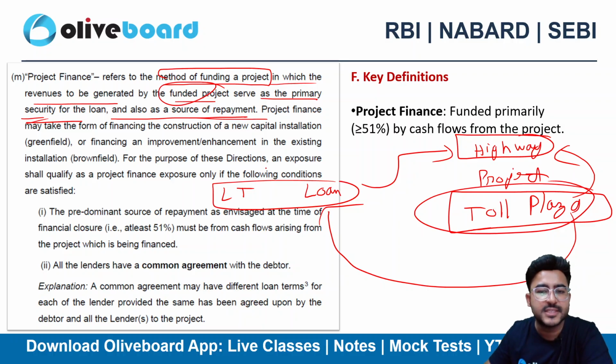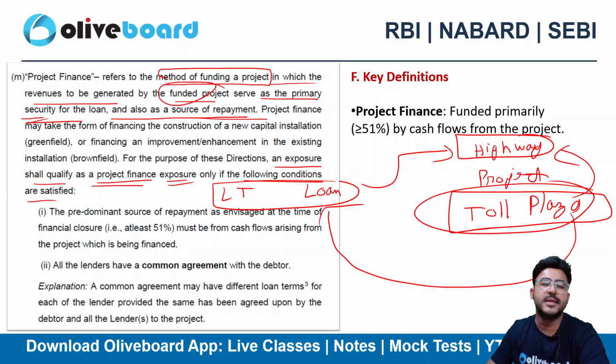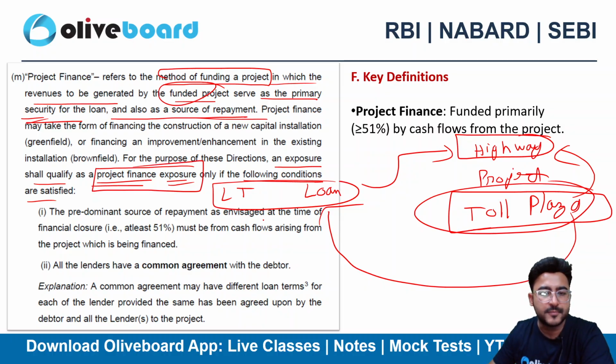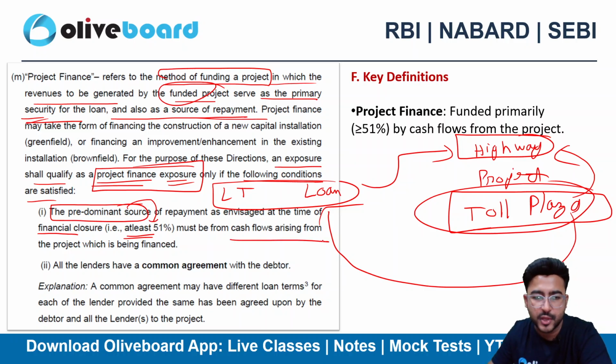And for the purpose of these directions, an exposure shall qualify as project finance exposure only if the following conditions are satisfied. So there is a definition of project finance exposure as well. The predominant source of repayment at the time of financial closure, at least 51%, right? What do you mean by predominant source of repayment? It should be at least 51%, must be from the cash flow arising from the project which is being financed.